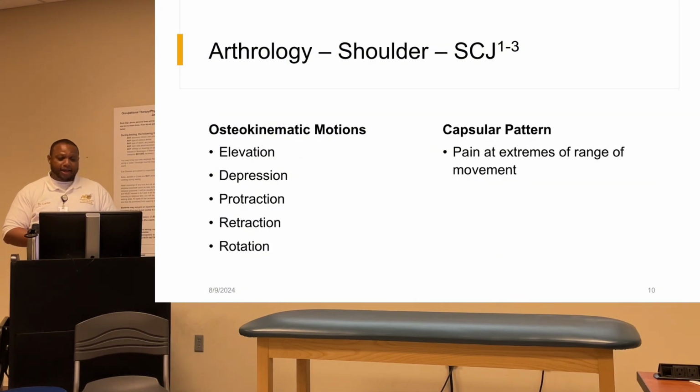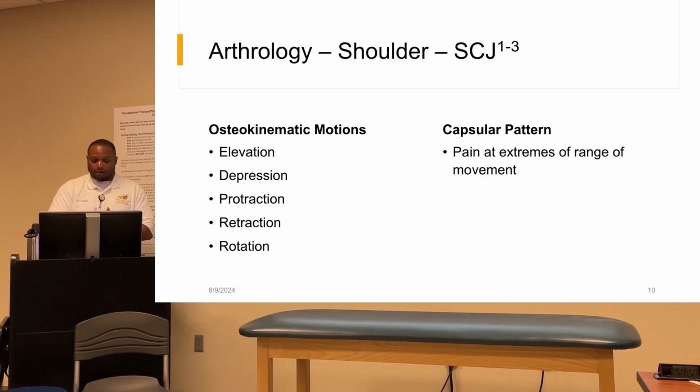Your osteokinematic motions at the sternoclavicular joint are elevation, depression, protraction, retraction, and rotation. The capsular pattern is pain at the extremes of the range of movement, which may be worded differently in your Dutton textbook; this is from Score Builders.